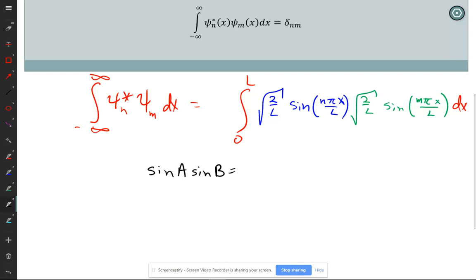Sine A times sine B formula. Works for me. Of course, the first one I will go to doesn't show it. I think this one will.